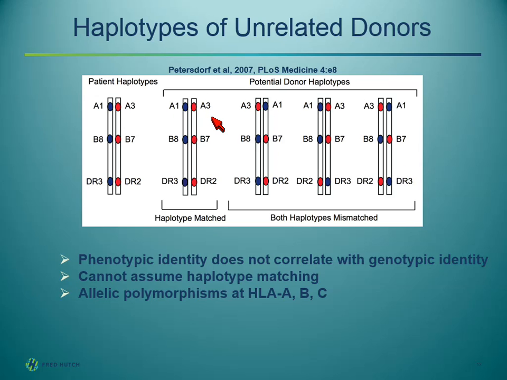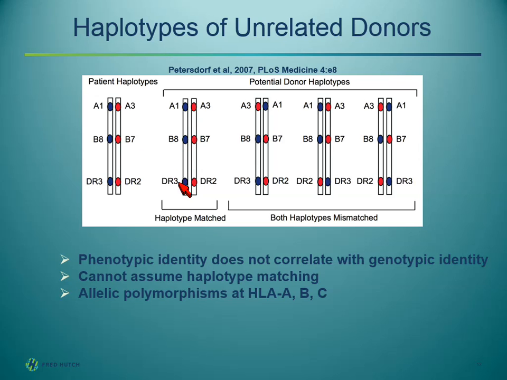So one could imagine if you inherit the same haplotype, all that stuff in between the 5 major genes we're looking at will likely also be matched because, again, common things travel together. Outcome data from this study showed that if you had a haplotype matched donor, transplant outcomes were better and transplant-related mortality was less.